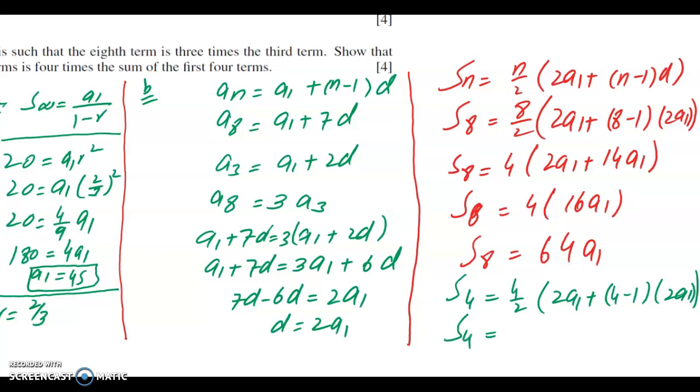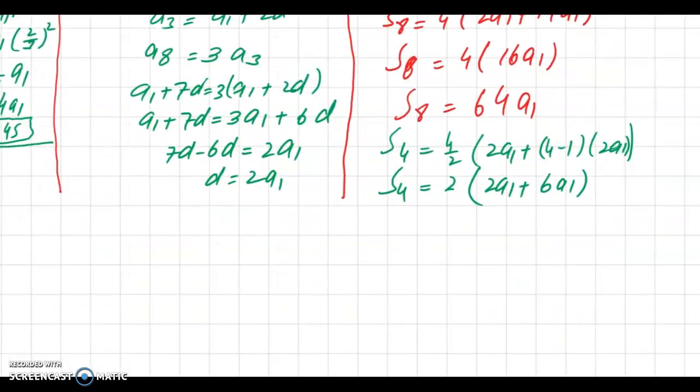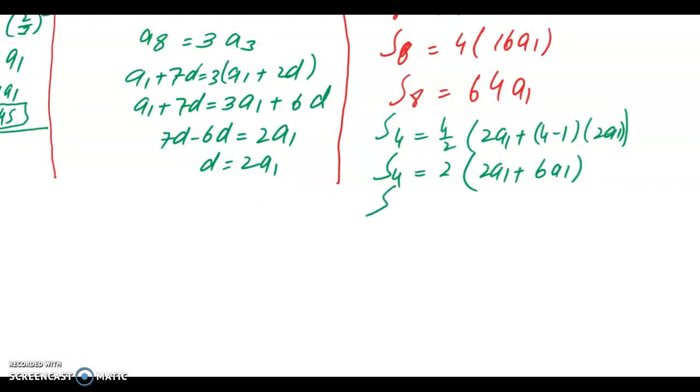That means S4 is equal to 2 times 2a1 plus 6a1. So S4 will be equal to 16a1.